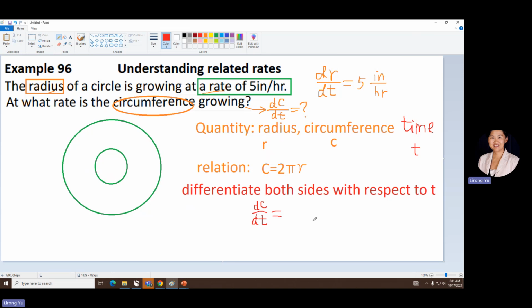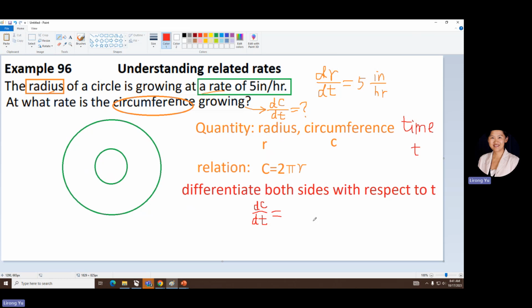Now we're also going to differentiate the right side of the equation and realize that this 2 times pi is a number. We do not differentiate a number, because the derivative of a number is 0. So differentiating 2 pi does not add any information. We call this a coefficient.